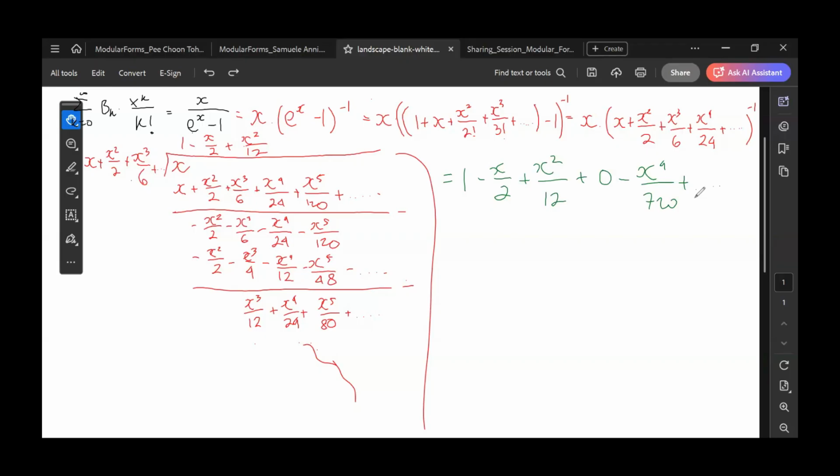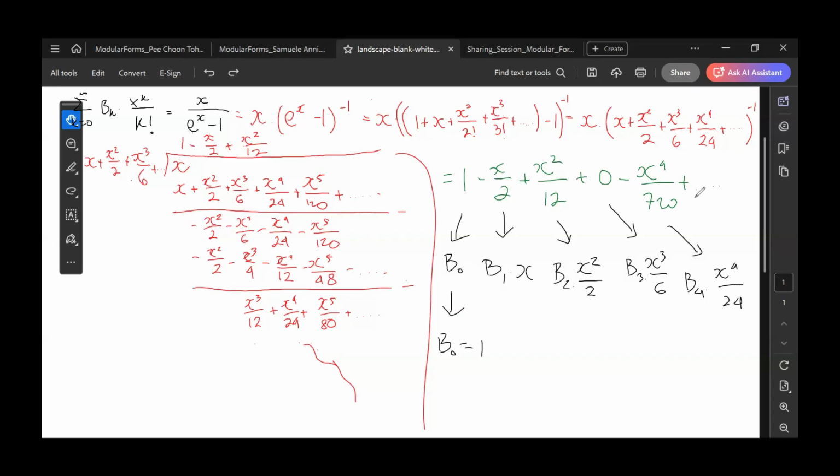But from these first 5 terms, we know that this should be b0 times, this is b0, this is b1 times x, this is b2 times x squared over 2 factorial, this is b3 times x cubed over 6, this is b4 times x to the power of 4 over 24.